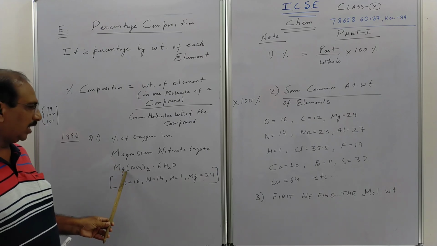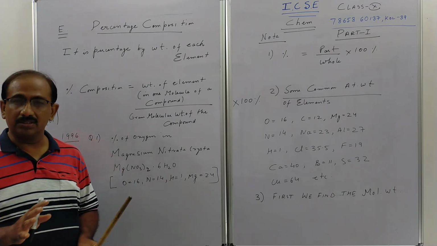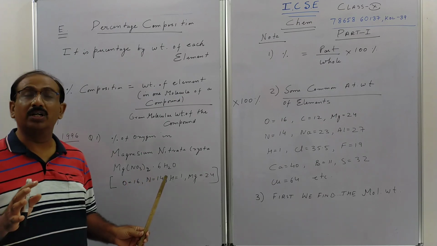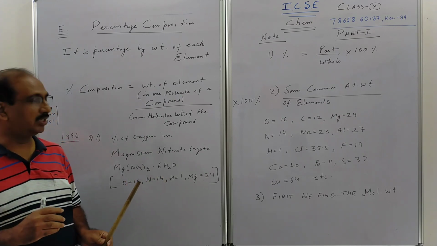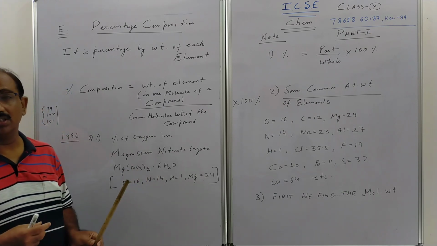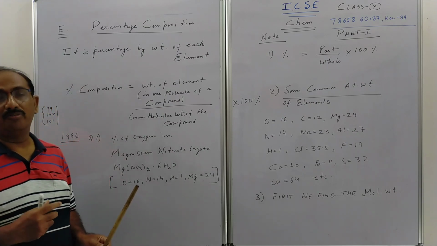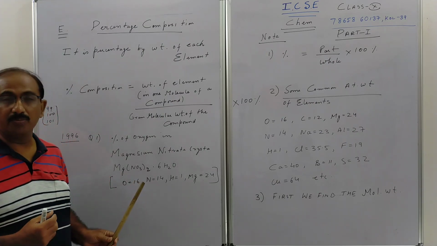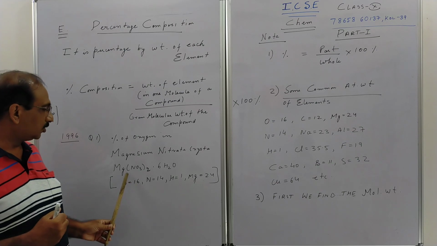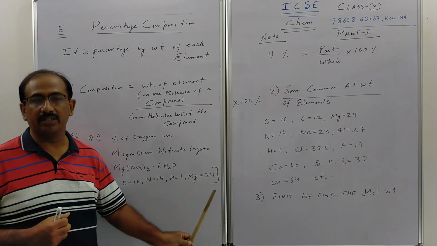Number 1 is the formula, but in some tricky questions, especially in 11 and 12, you don't get the formula directly. In 10% of questions, or when a teacher sets a hard paper, they don't give you the formula, and you have to write it on your own. But formula is generally given in ICSE, and the atomic weight.